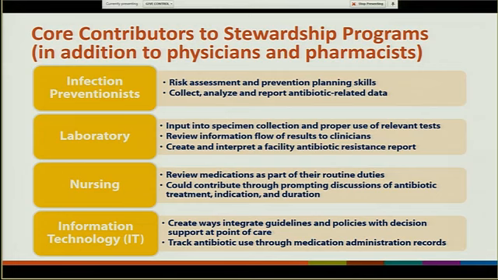For nursing, reviewing medication is part of their routine duties, and they can contribute by promoting discussions of antibiotic treatment, indication, and duration. If you're not involved in your stewardship team, it would be a great opportunity to go back to your facility and become part of the multidisciplinary team. Next slide.